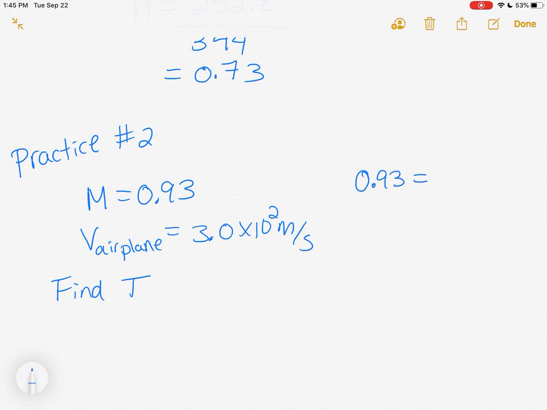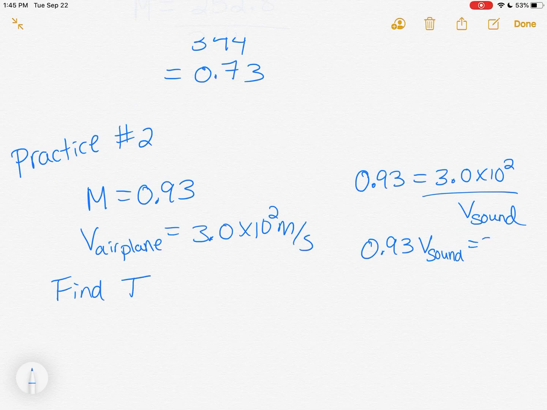So our Mach number, 0.93, will be equal to the speed of our airplane, 3.0 times 10 to the 2, over our local speed of sound. And so we're just going to rearrange that. Which means our speed of sound is going to be 3.0 times 10 to the 2 divided by our 0.93.